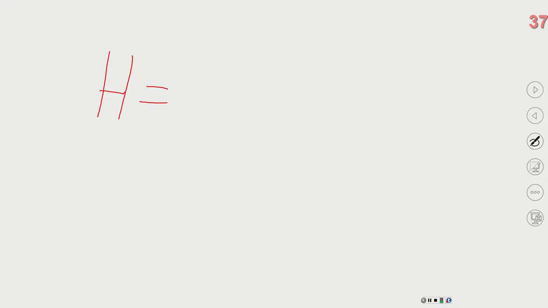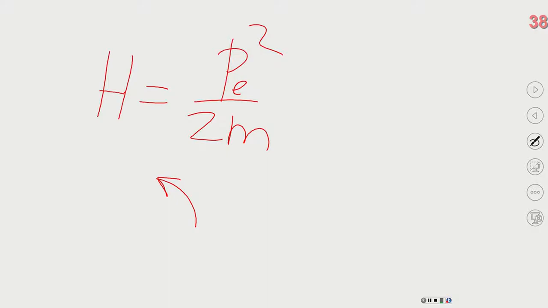It's correct and too smart for me. I'll say just p squared over 2m. Right? And here we are assuming that it is momentum along the arc length.